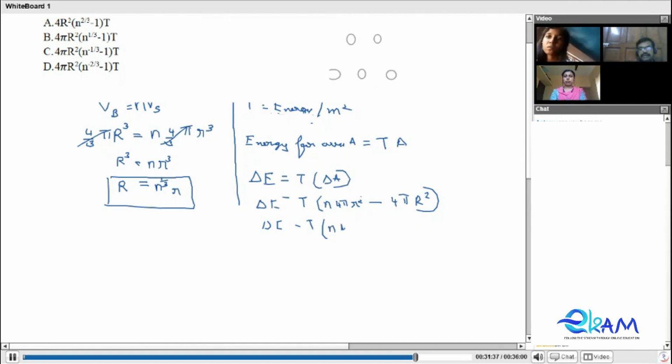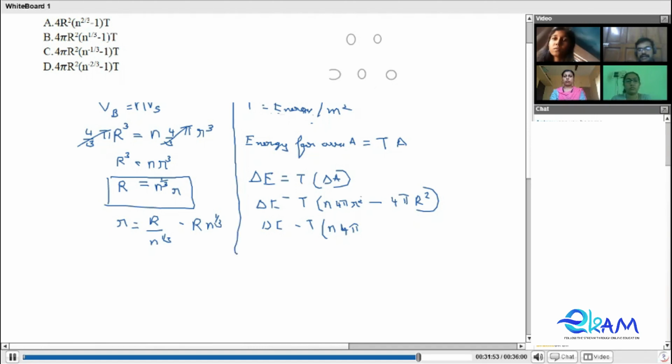So instead of small letter r, we can write it in terms of capital R. From that equation, we can write r is equal to capital R times n raised to minus 1 by 3. So substitute this value of small letter r in this equation. That is capital R n raised to minus 1 by 3, and you have to take the square here, minus 4 pi capital R square.